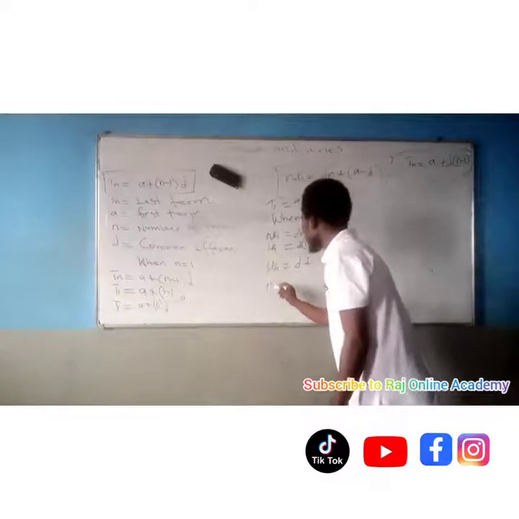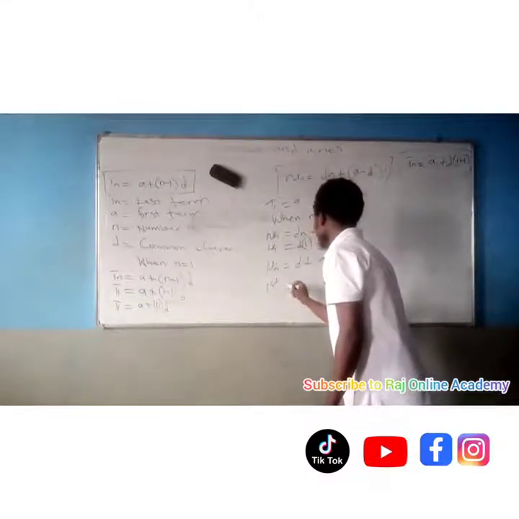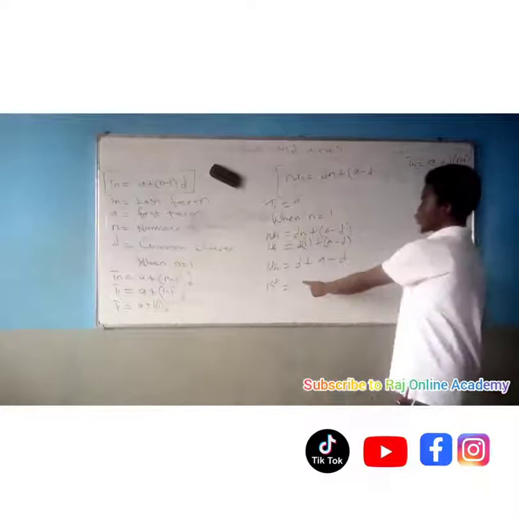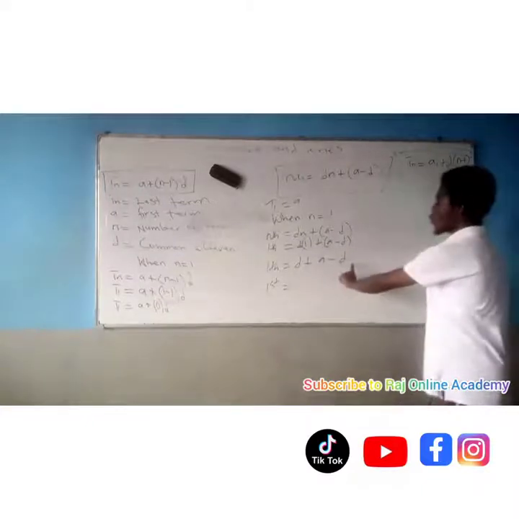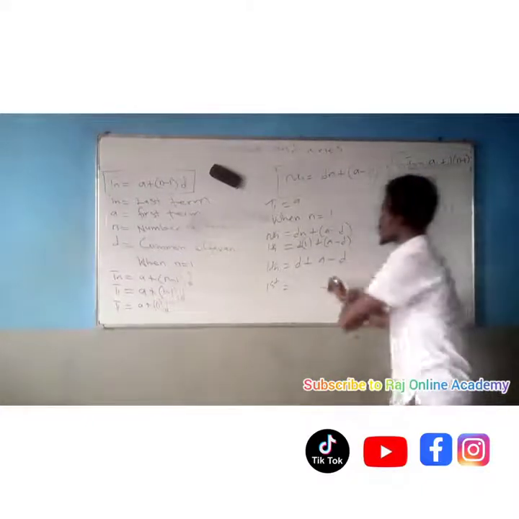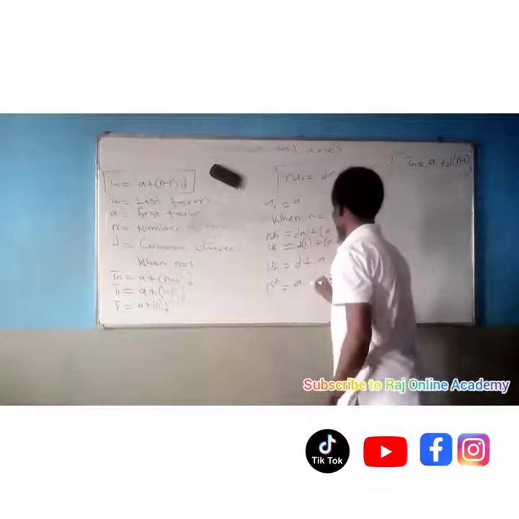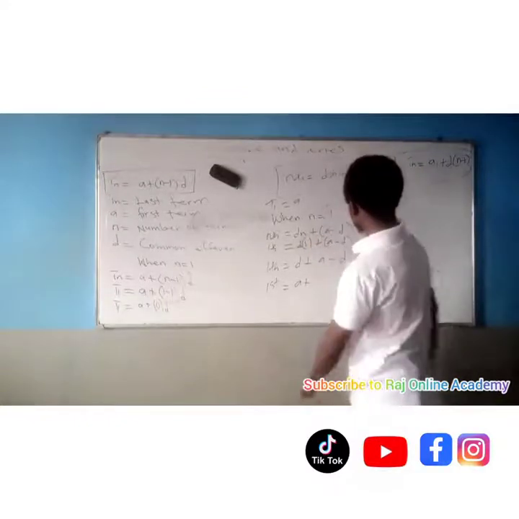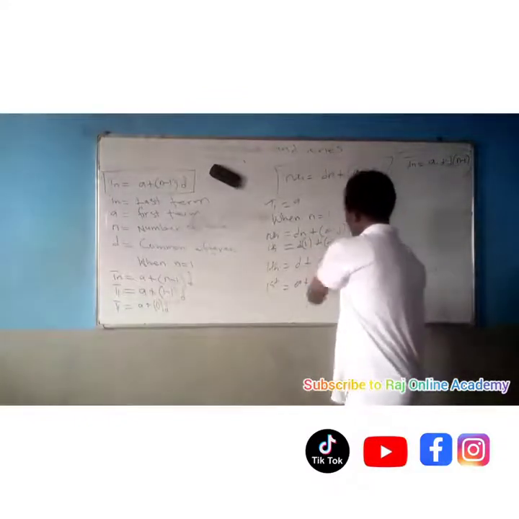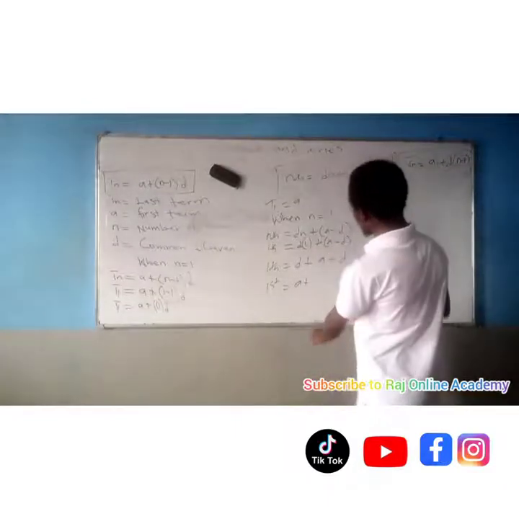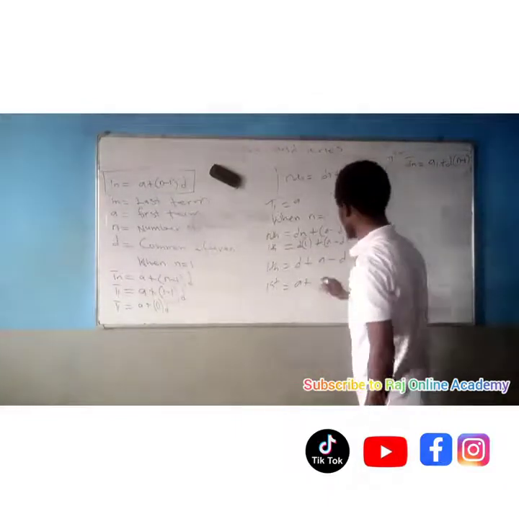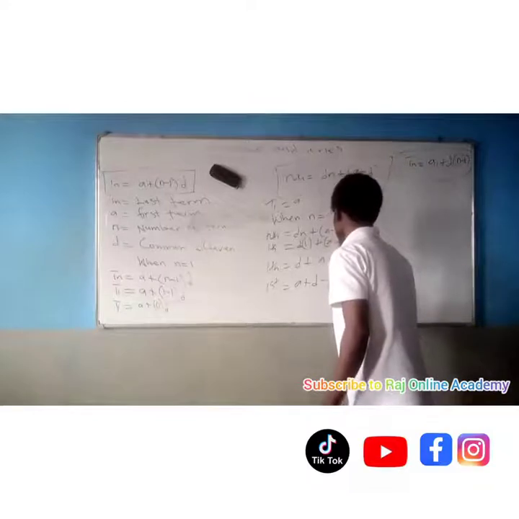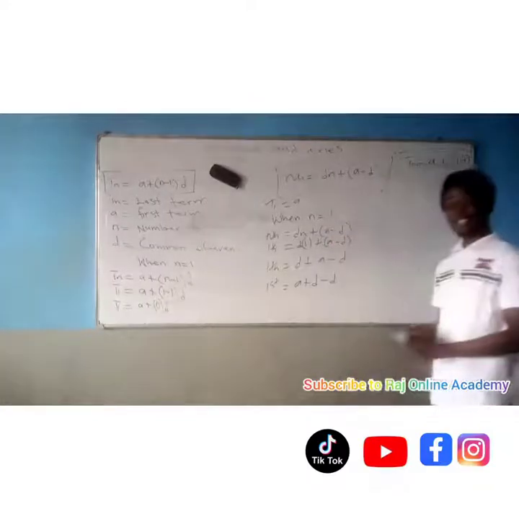Now the first term is equal to, mind you, we have D here and we also have D here. So we can say this is A plus D minus D. Let's rearrange them.